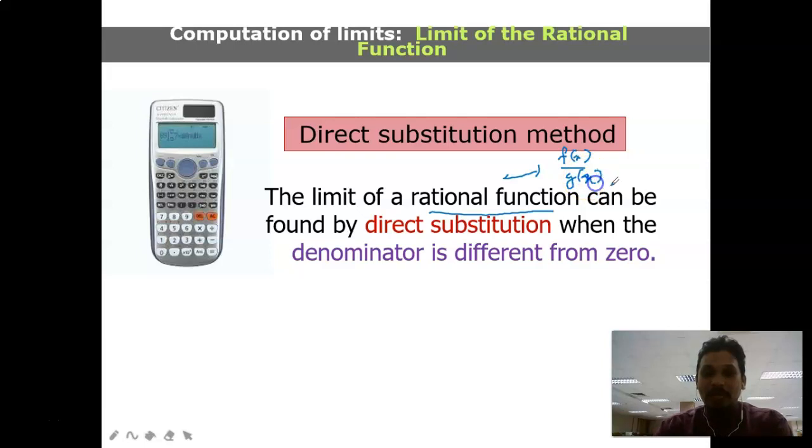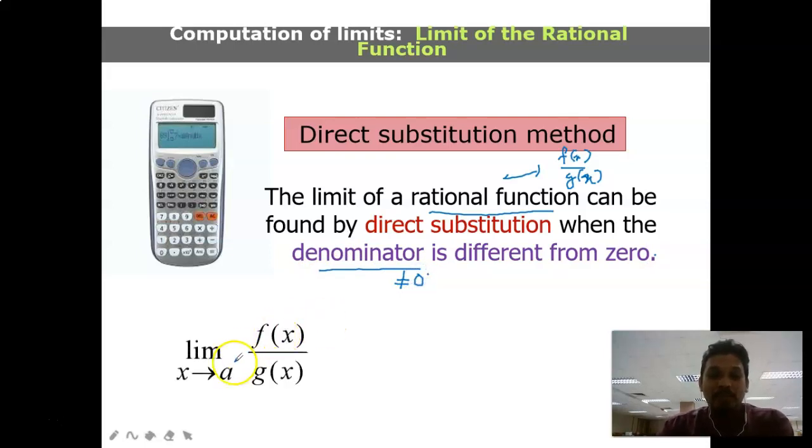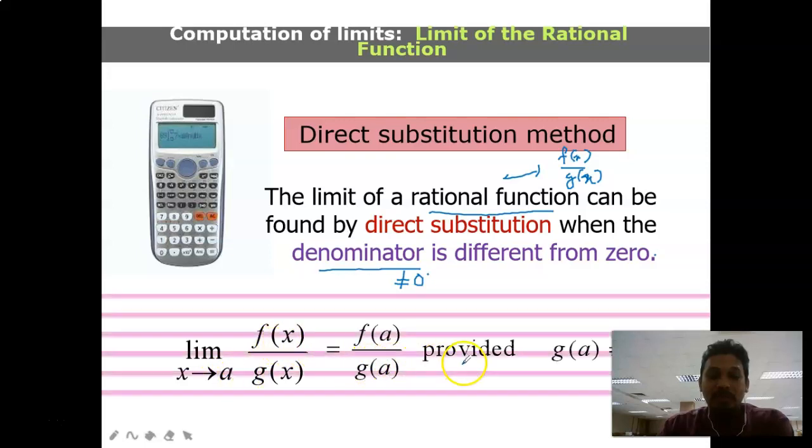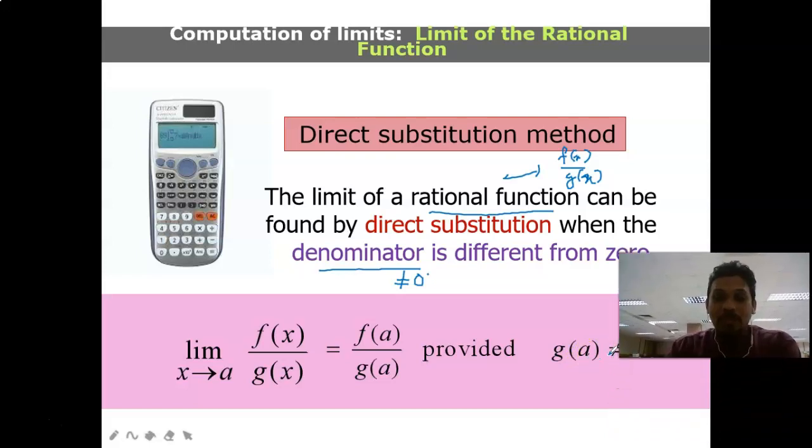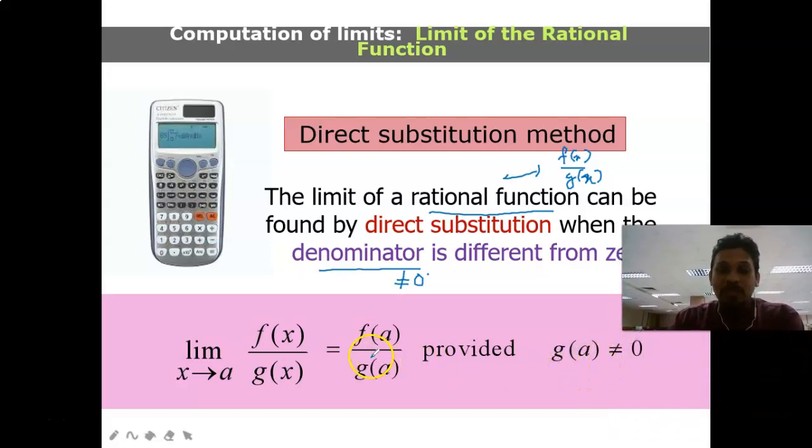It can be found by direct substitution when the denominator is different from 0, meaning the denominator is not equal to 0. So the limit of f(x) over g(x) as x approaches a, provided that g(a) is not equal to 0.